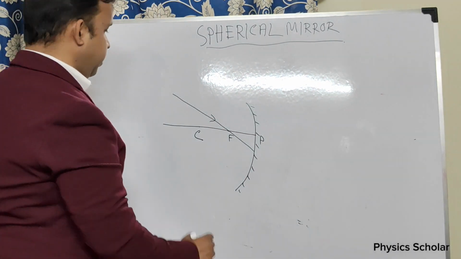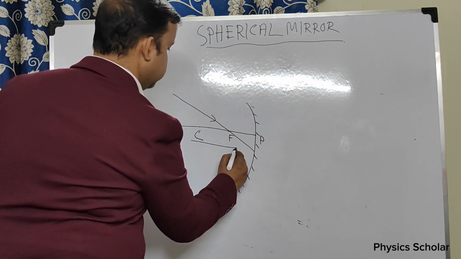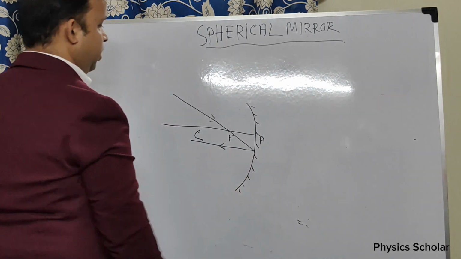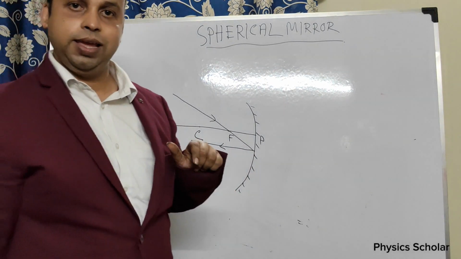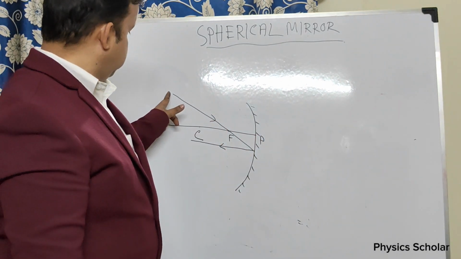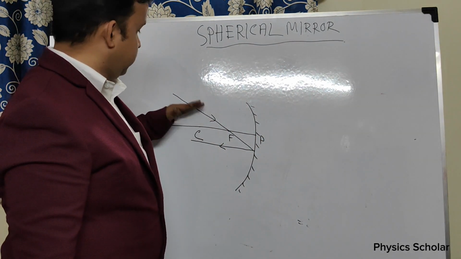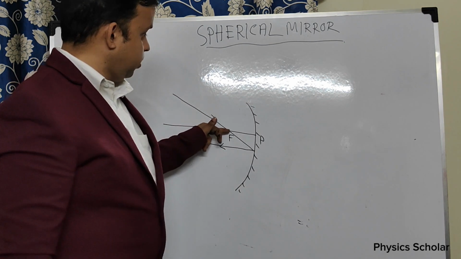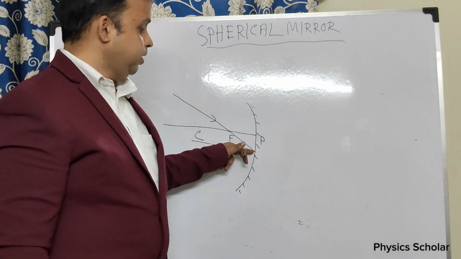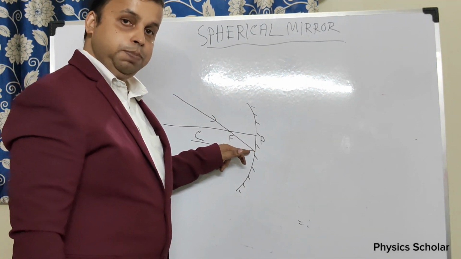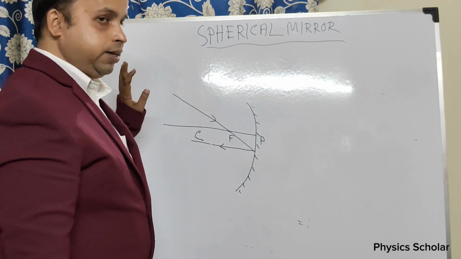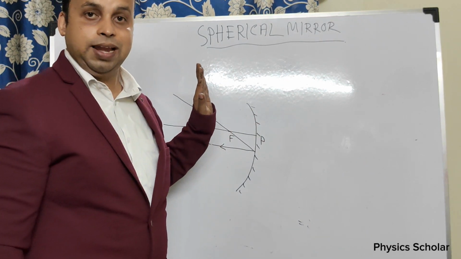Then after getting reflected, it will be parallel to the principal axis. If a ray of light is coming through the principal focus and is incident on the mirror, then after getting reflected by the mirror, the reflected ray will be parallel to the principal axis.